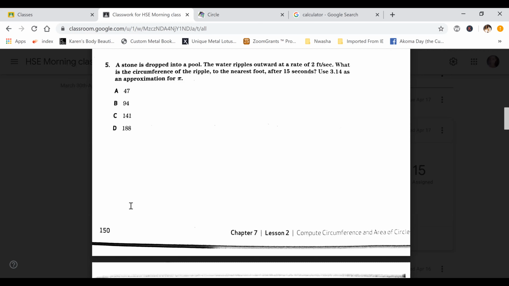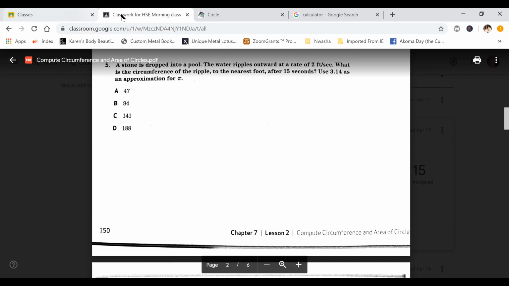Yes. Multiply with pi? First, you're just gonna do the 2 times 15. And when you get that, so 30, right? 2 times 15 is 30. Is that the radius or the circumference? Nope, that's the radius. Oh, the radius? So if you're imagining, I should have Googled a water ripple. Let's see if I can Google that real quick.